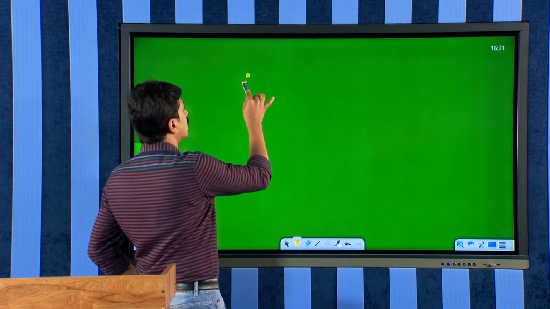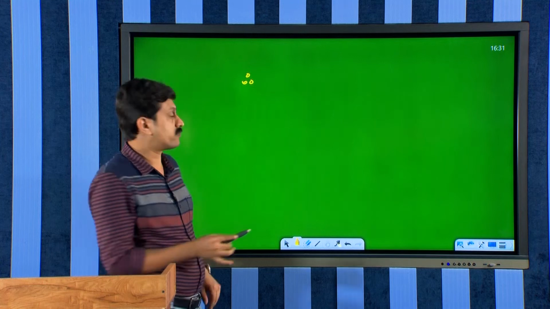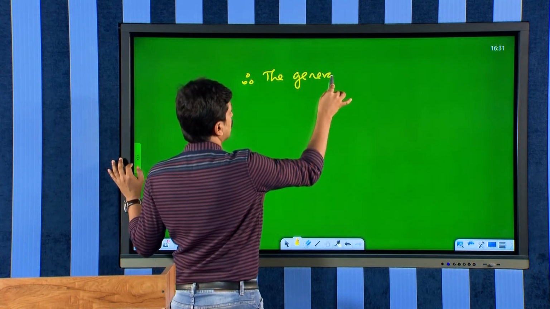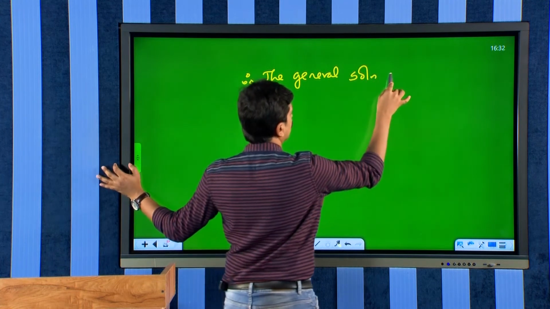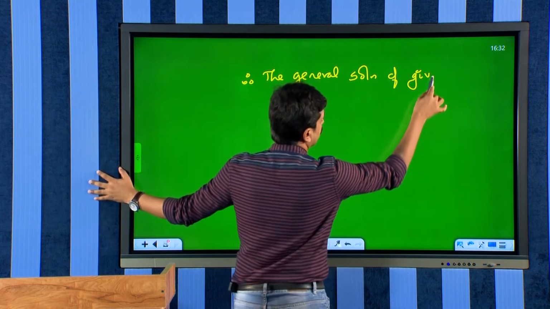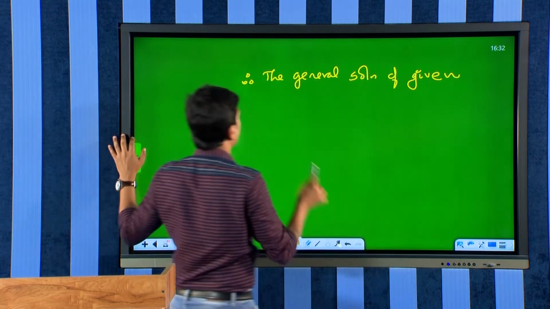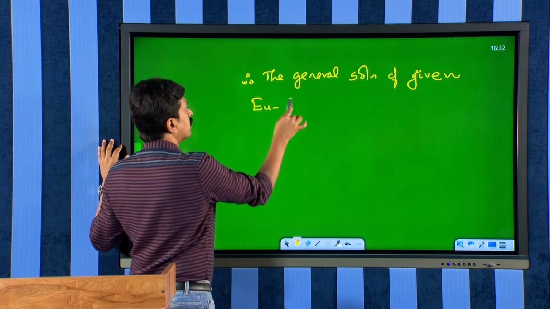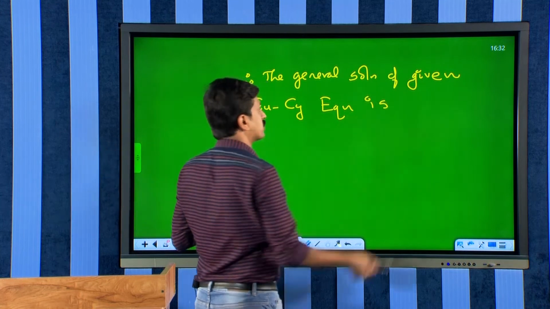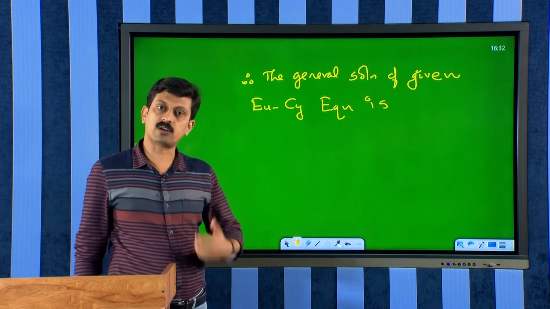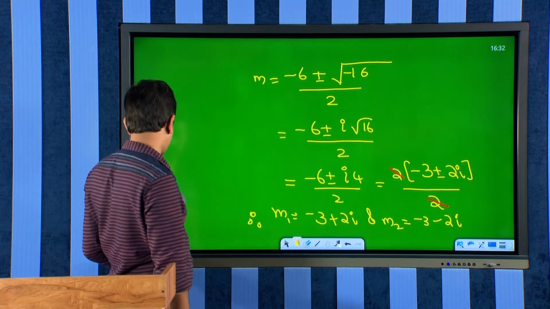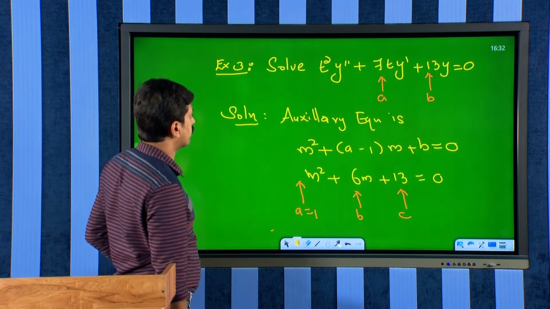the general solution of the given Euler-Cauchy equation is, actually, we have the formula here, we already discussed the formula.